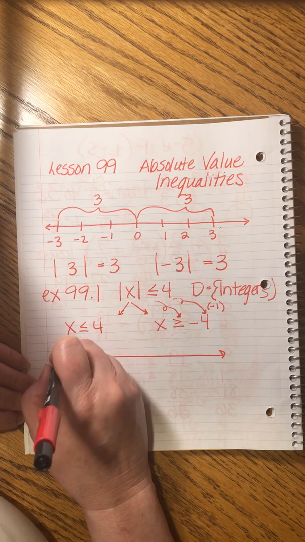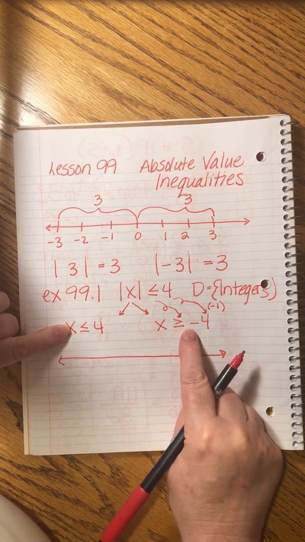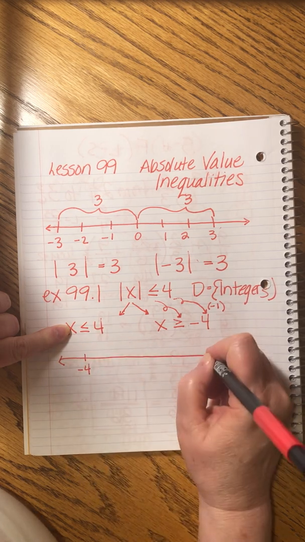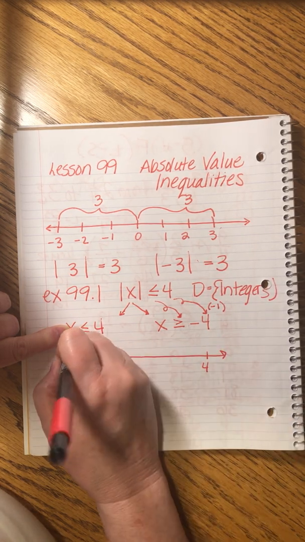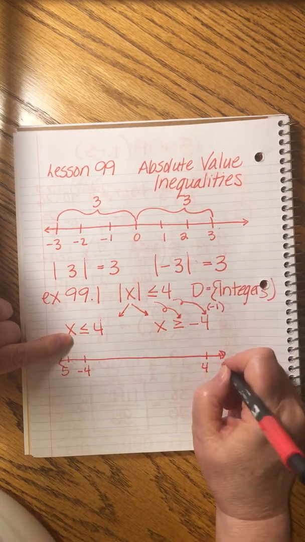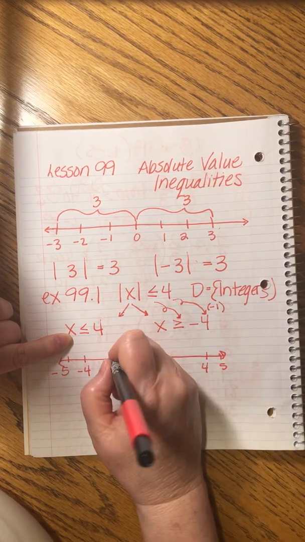So we know that the number has to be less than 4, but also greater than -4. And we are including 4 as part of our solution because of that equal sign down there. I'm going to put 5 on just to show that we're not including it.